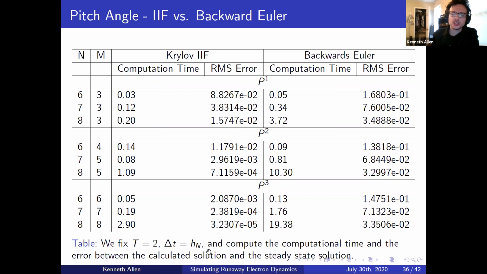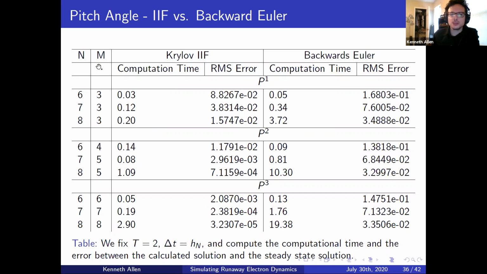But here we're choosing delta t to be equal to just the mesh size. So we're taking large time steps, large enough that the forward Euler method would experience numerical instability. So we're comparing the Krylov IF method to the backward Euler method, and you can see here the computational time of the IF method compared to the backward Euler method.